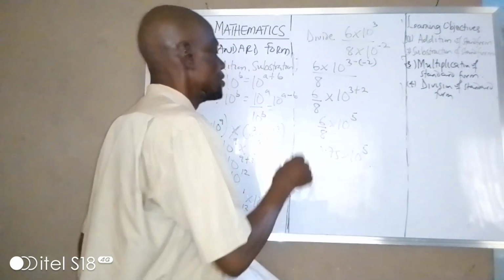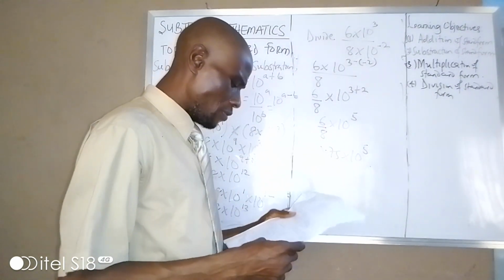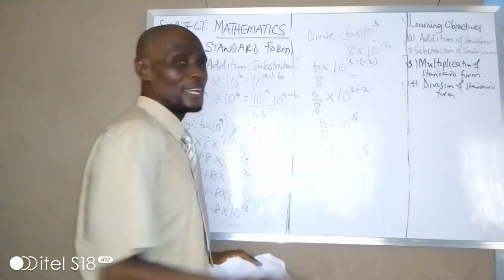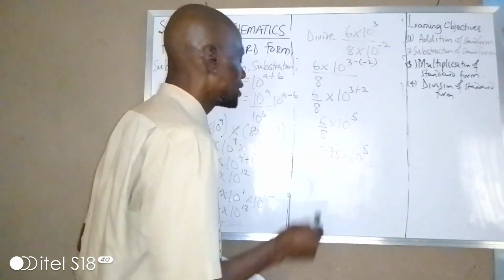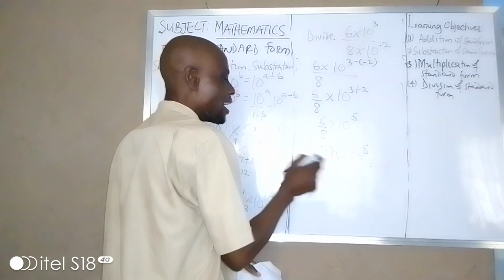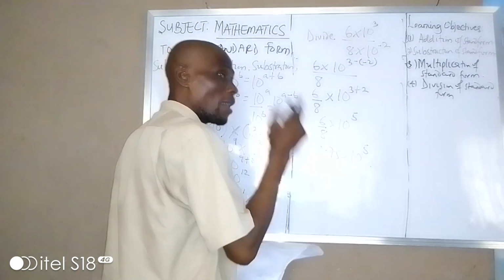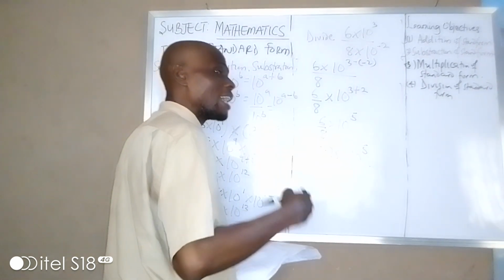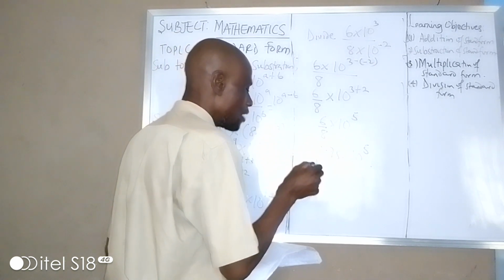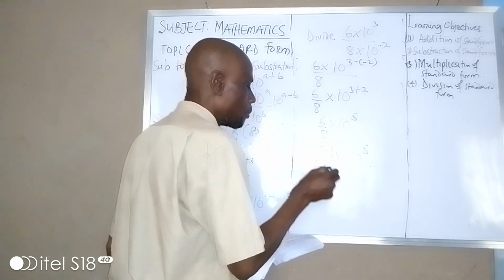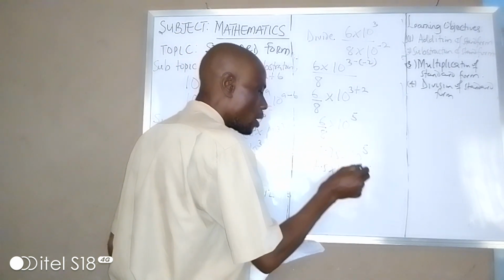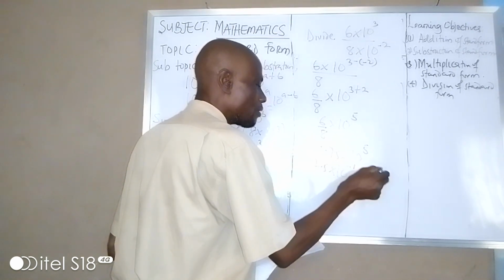So 6 divided by 8 gives us 0.75. You now change this one to standard form. Our A has to be between 1 and 10. You now say 7.5 multiplied by 10 to the power minus 1, times 10 to the power 5.